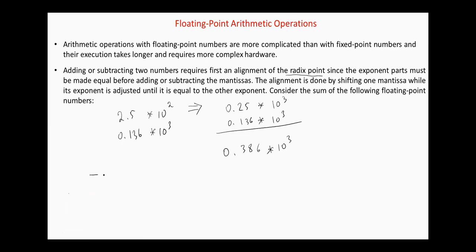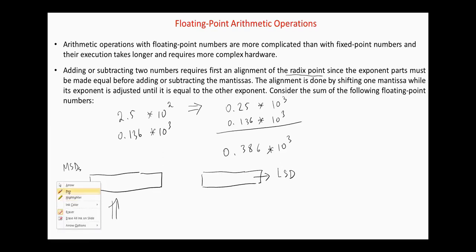When a mantissa is stored and we shift to the left, we lose the most significant digits. And when we shift to the right, we may lose the least significant digit. So in most computers, shifting to the right is used, since it reduces the accuracy only, and we do not lose the most significant digits as in shifting to the left.